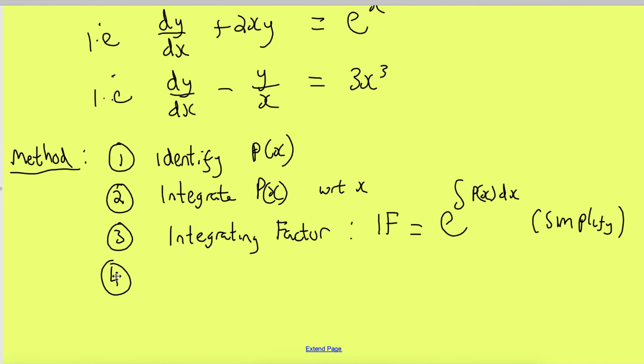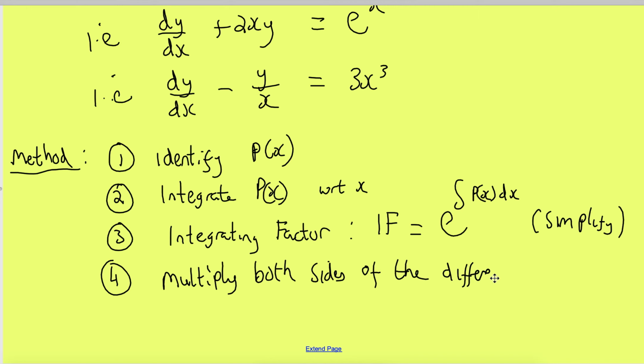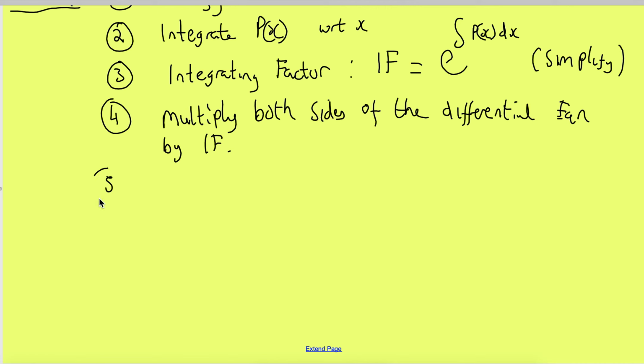Step 4, you multiply both sides of the original equation by your integrating factor. 5.